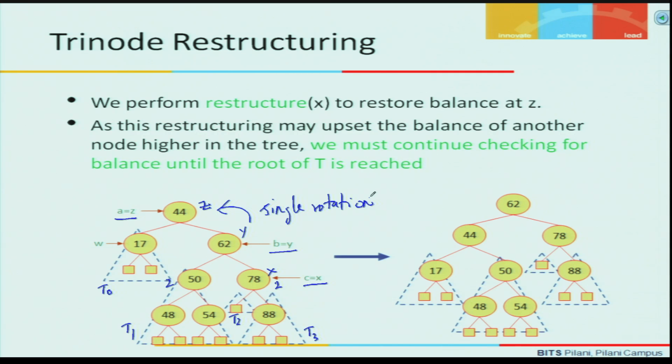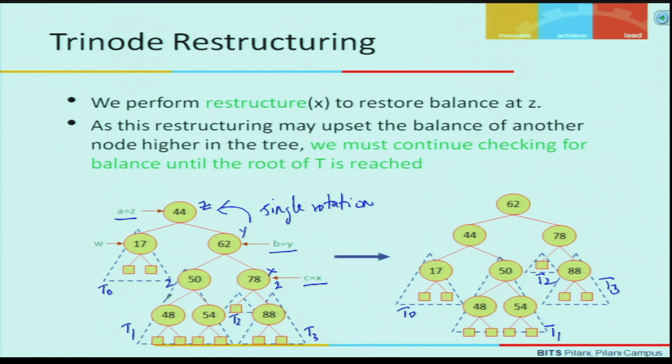So, if you look at this, this is your T0, this is T1, this is T2 and this is T3. So that if you look at the in-order traversal now, they would be precisely same.